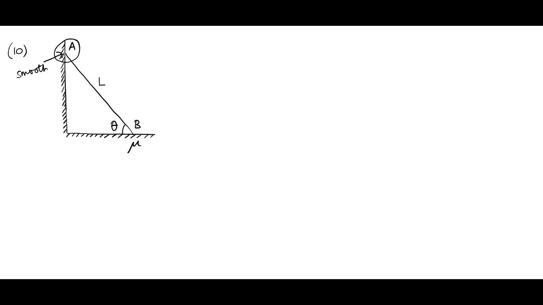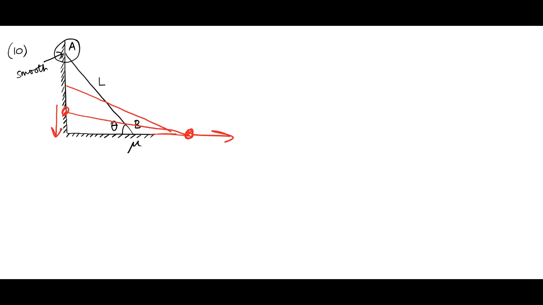Now your intuition will probably tell you that if you keep the ladder at a smaller angle of inclination, that is, if you go on decreasing the value of theta, finally a stage will come when the ladder will slip. That is, the lower end of the ladder will slip towards the right, and simultaneously the upper end of the ladder will slip down.